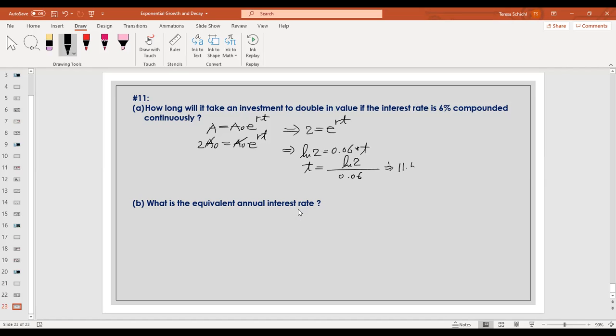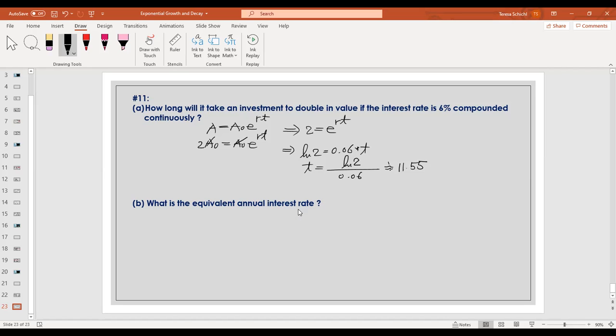If you put it into the calculator, this is about 11.55. That means if your interest is compounding continuously, in order to double, it might take almost 11 and a half years, right? So 11.5. Okay, so let's see, if I compound this way, what is the equivalent annual interest rate here?